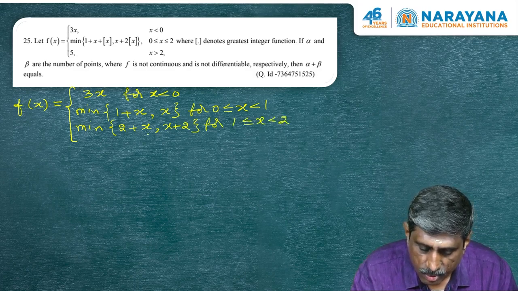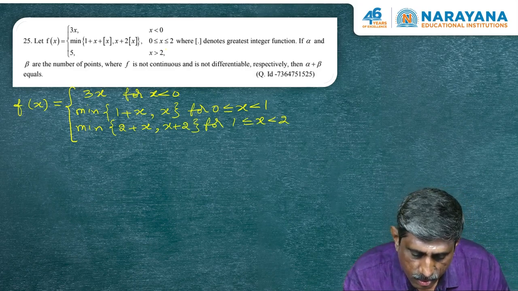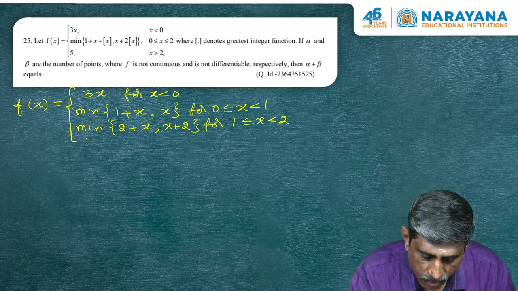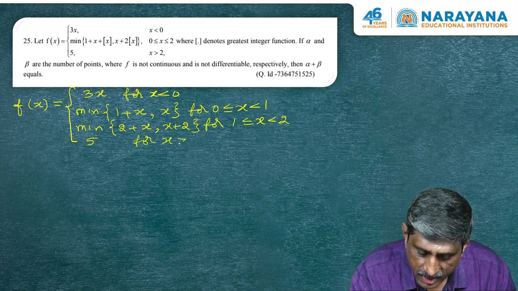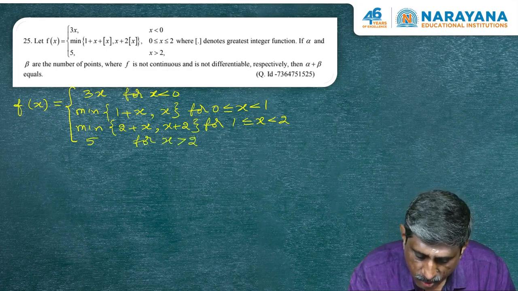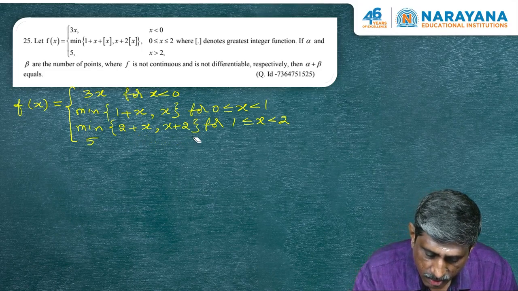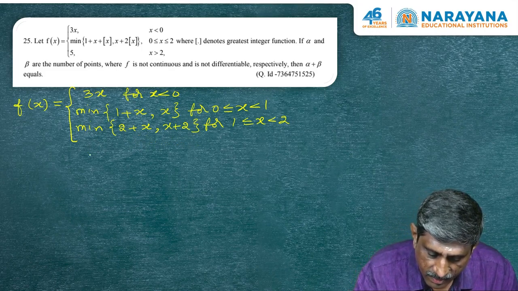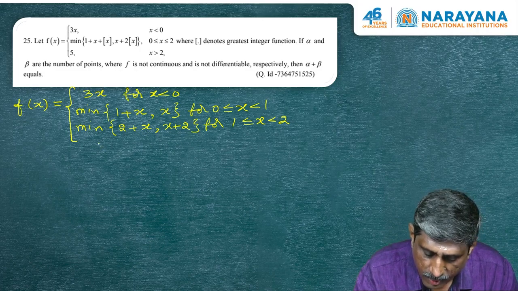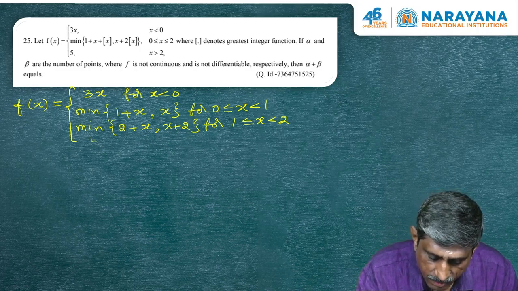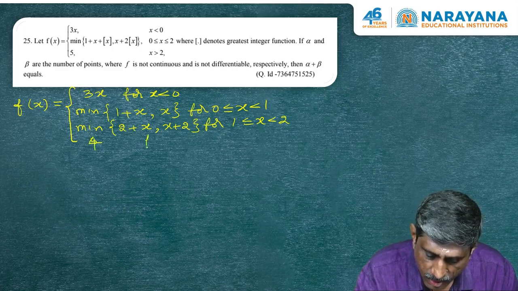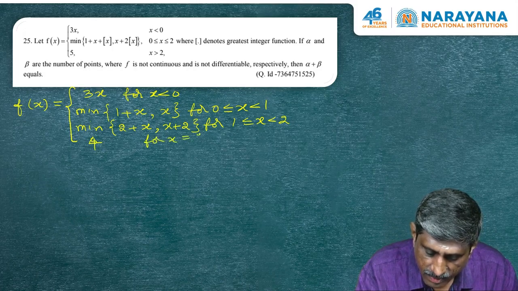When you put x is equal to 2 here, and this is 5 for x greater than 2. When you put x is equal to 2 here, the value I can add also as a particular case specifically, and it is going to become 2 plus 2, minimum is 4 for x is equal to 2, and 5 for x greater than 2.